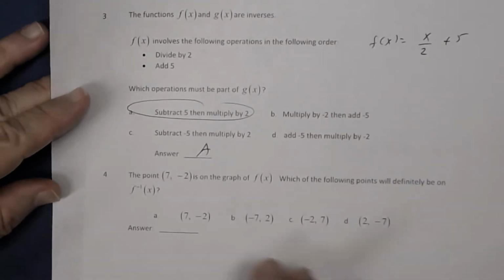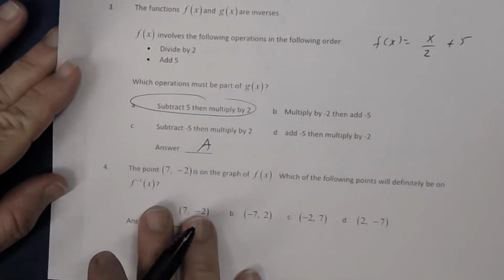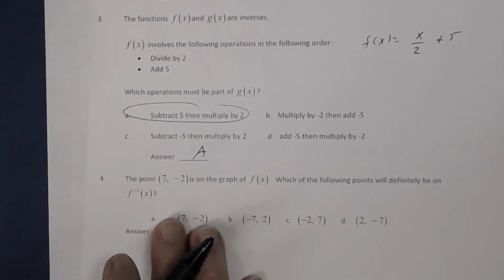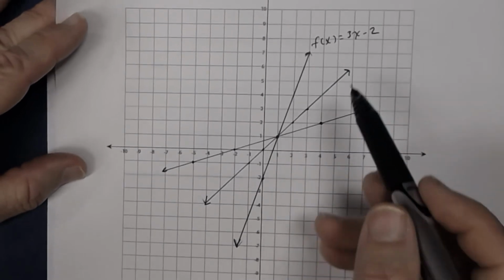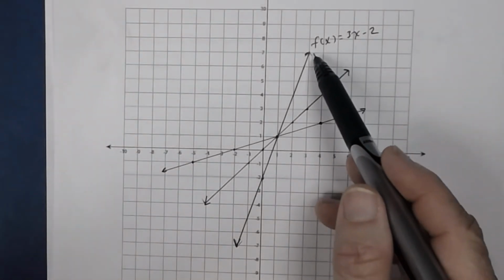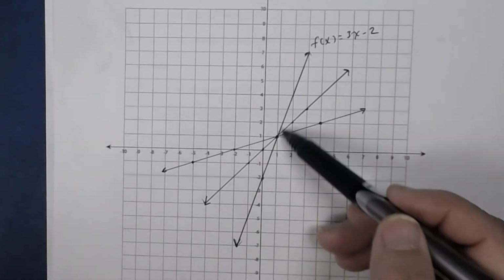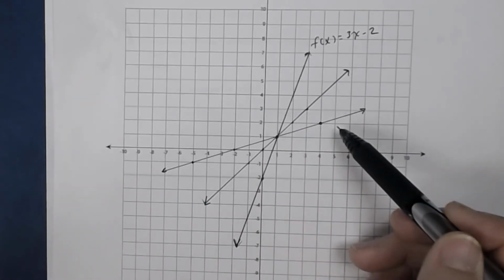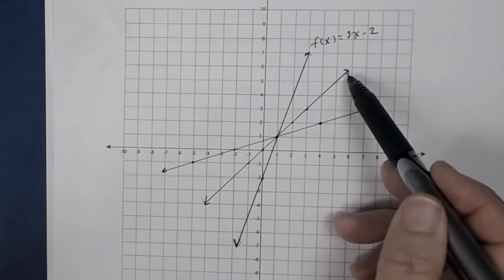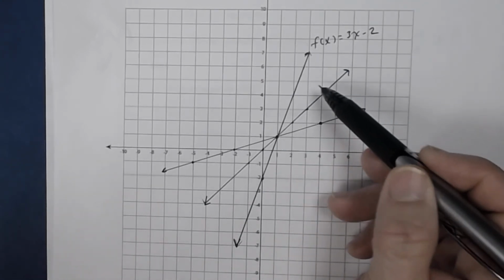Okay, now remember number 4. Remember when we graphed inverses, here was a problem where this linear function, here's the graph. And then here's the inverse. And you know those are inverses because if you look at the line y equals x, they're symmetrical.